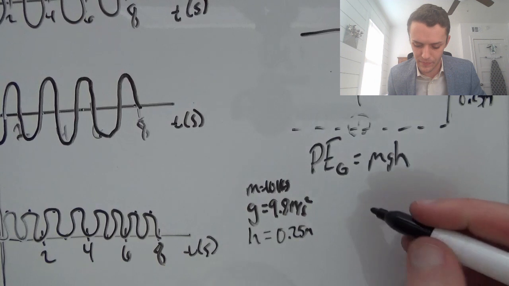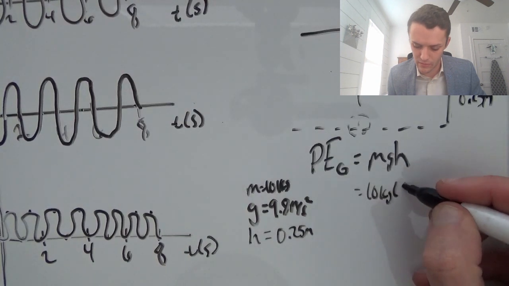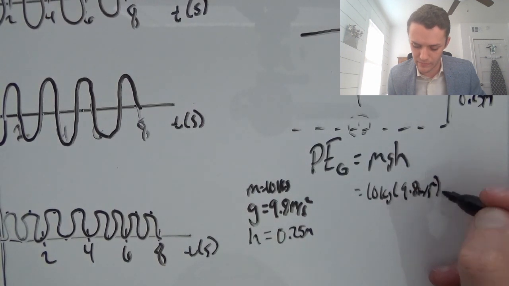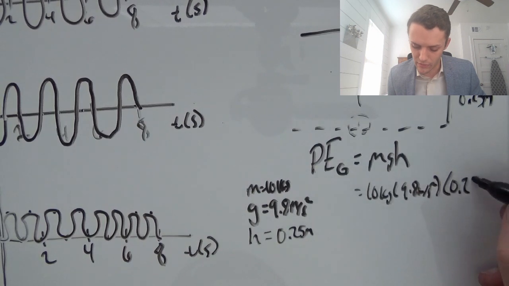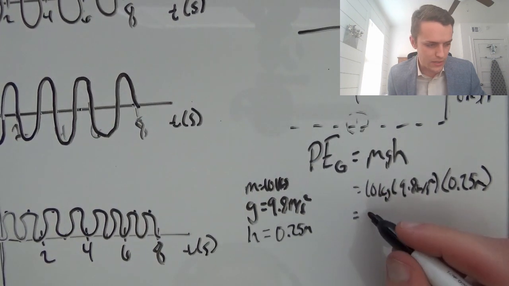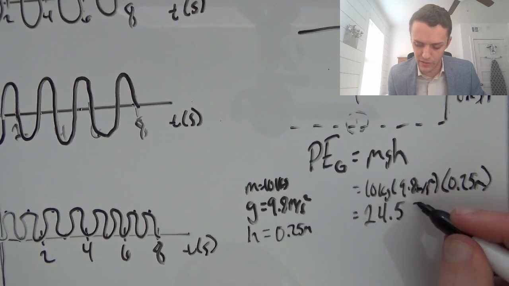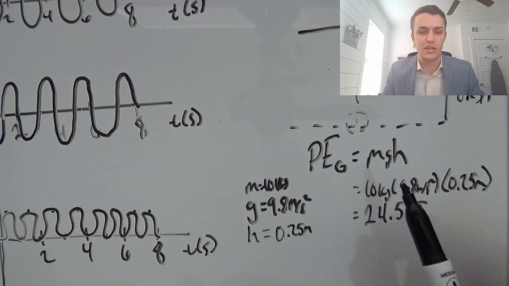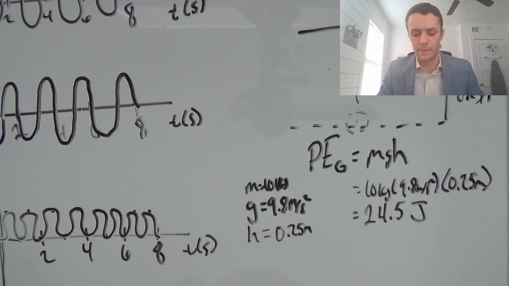So we can just plug in 10 kilograms, 9.8 meters per second squared, and a height of 0.25 meters. If you do that multiplication, you should get 24.5 joules for your initial potential energy.